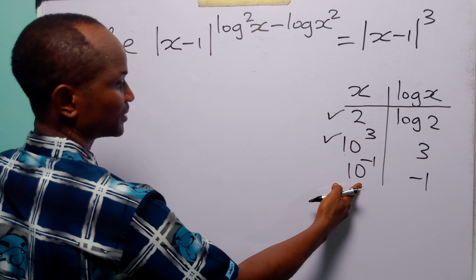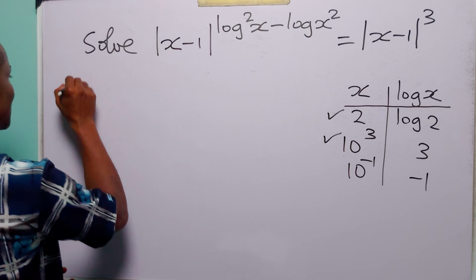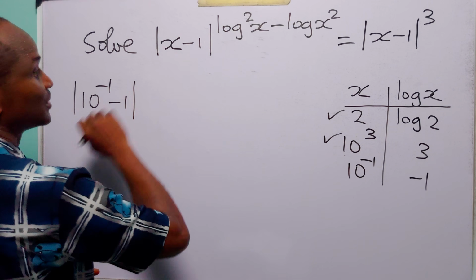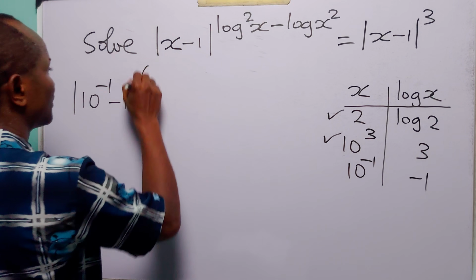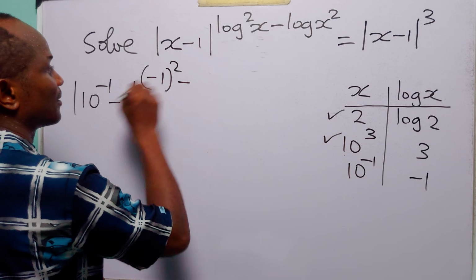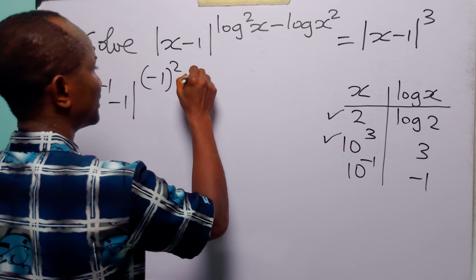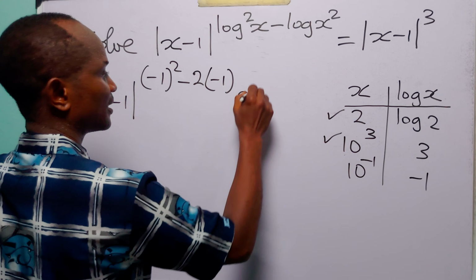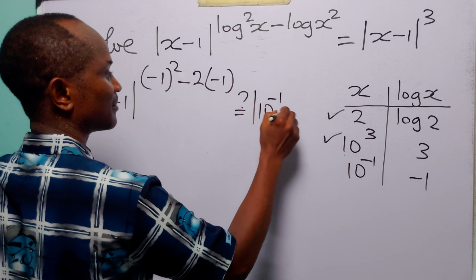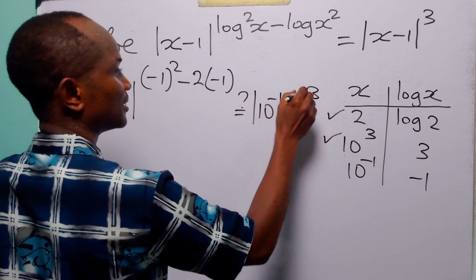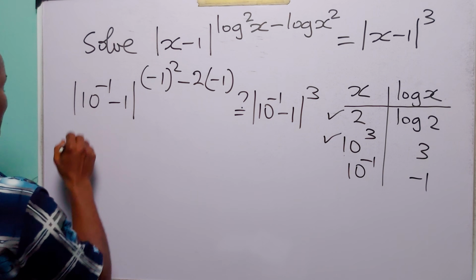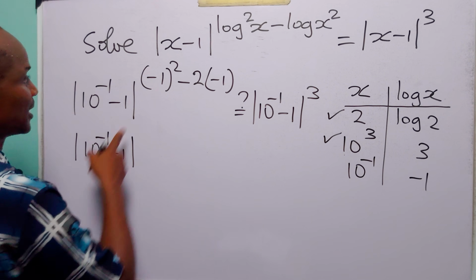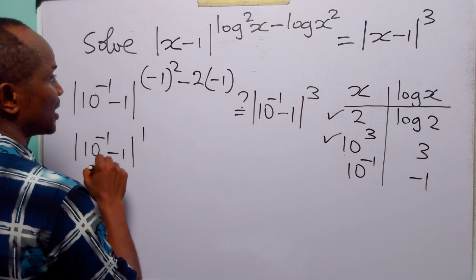When x is equal to 10 to the power minus 1, we have the absolute value of 10 to the power minus 1 minus 1 to the power minus 1 squared minus 2 times minus 1. And here we have the absolute value of 10 to the power minus 1 minus 1 to the power 3. Minus 1 squared is 1.